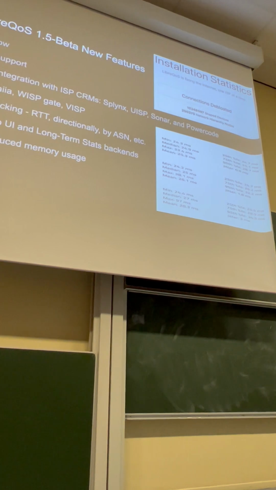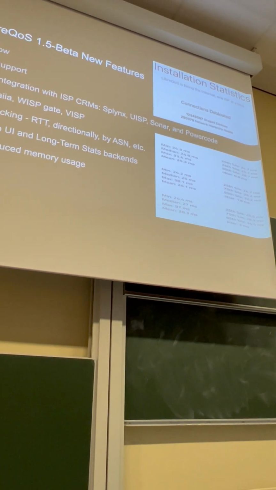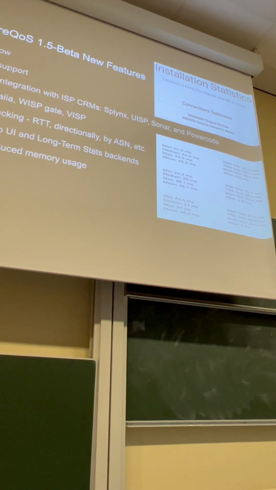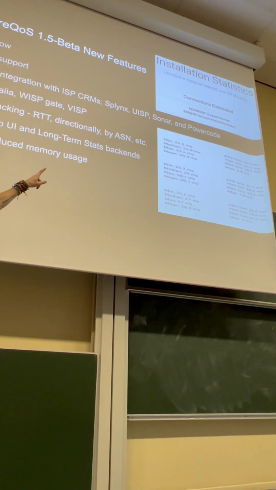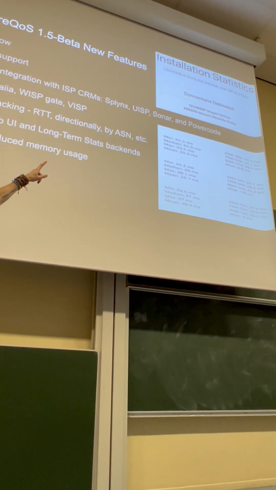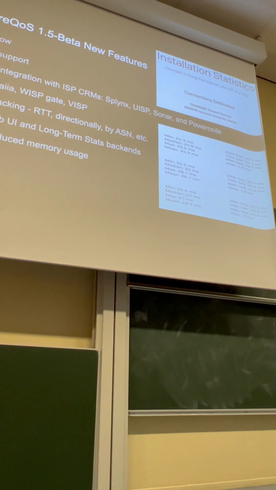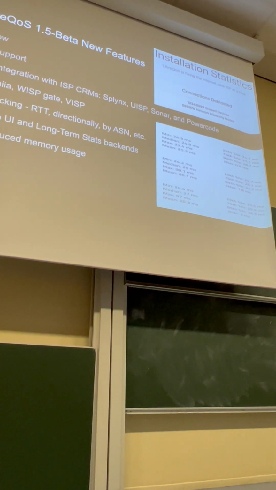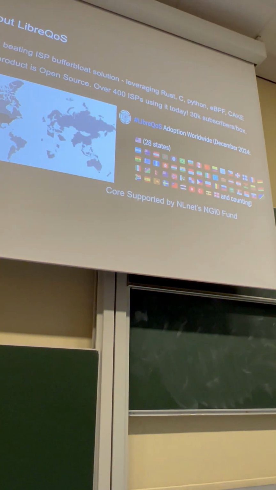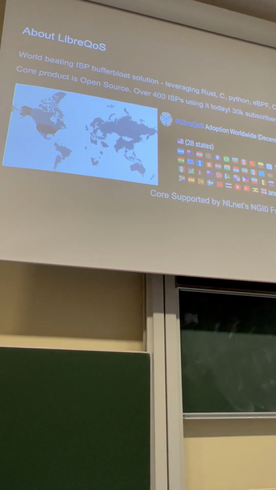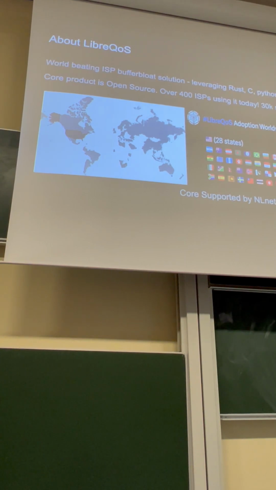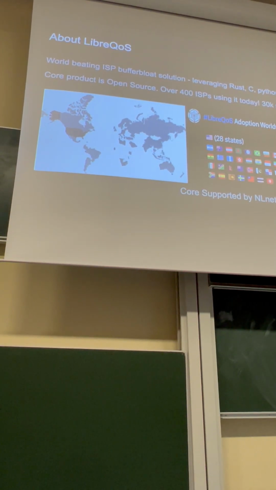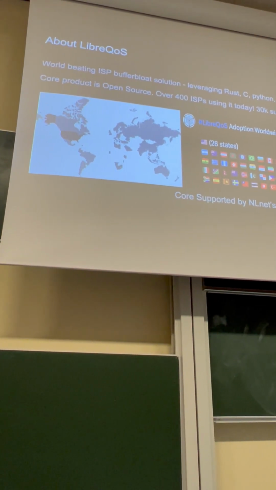Like I said, we are adding new features all the time. And currently, you can see the number of shared devices. It's in the millions now, and it's growing with every ISP that connects to us. Right now, we are in 58 countries and 28 US states, and the number of ISPs is more than 400.